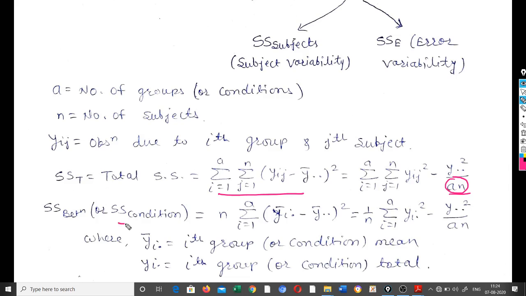SS between or SS conditions can be obtained just like your SS treatment. It is n times the summation i equal to 1 to a of y bar i dot minus y bar dot dot, squared. In terms of the correction factor, we can write this formula like this, where y bar i dot is the ith group mean and yi dot is the ith group total.